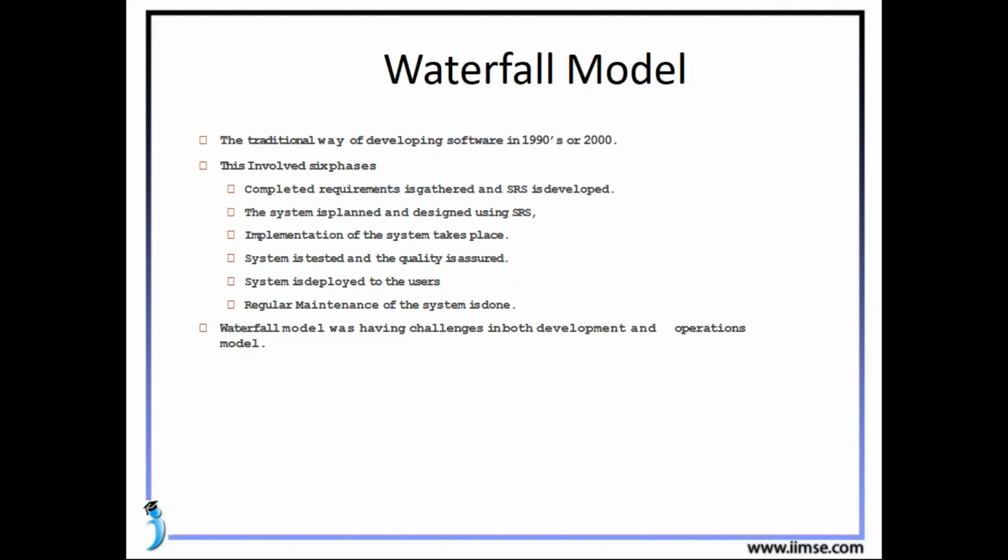From 1980 to 2000, IT was emerging, software development technologies were developing, and the industry was expanding and growing. But from 2000 onwards, people started feeling the biggest problem of this model: for 3 months the first phase was going on, then for another 2 or 3 or 6 months another phase, so the entire development was taking almost 2 to 3 years to complete.